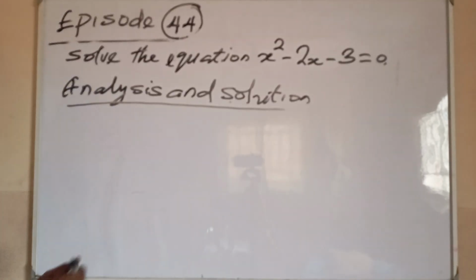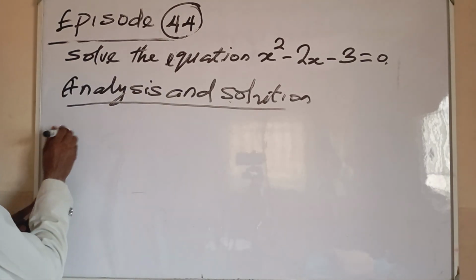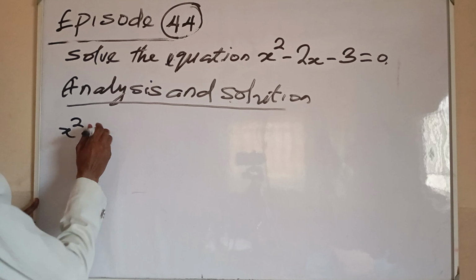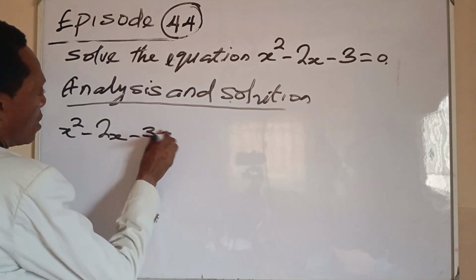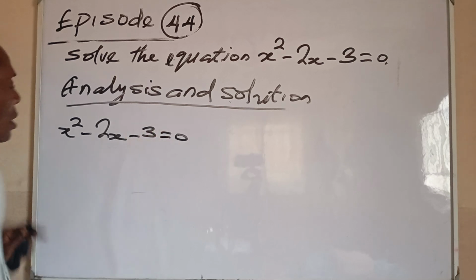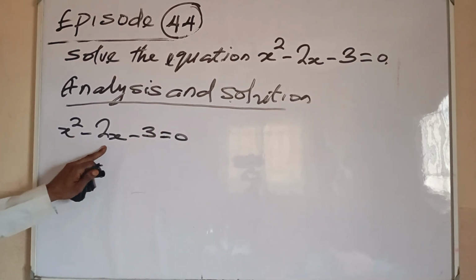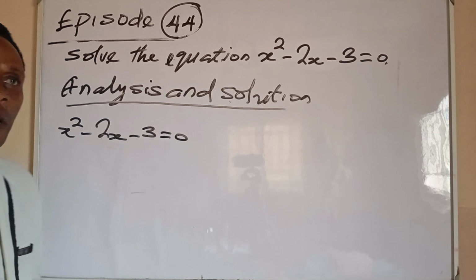We have to rewrite it: s squared minus 2s minus 3 equals 0.